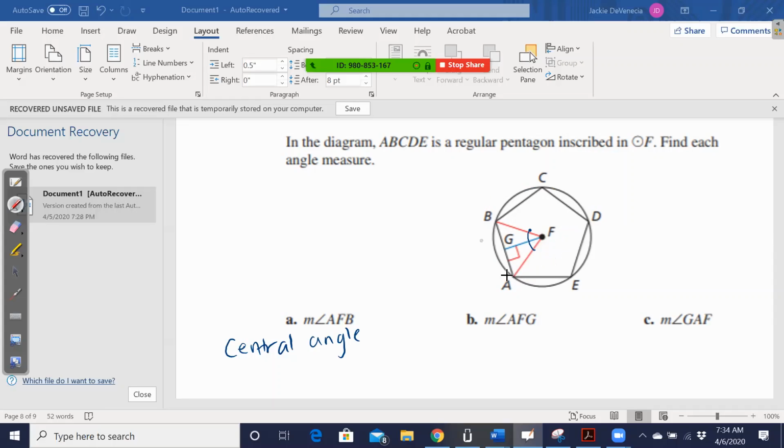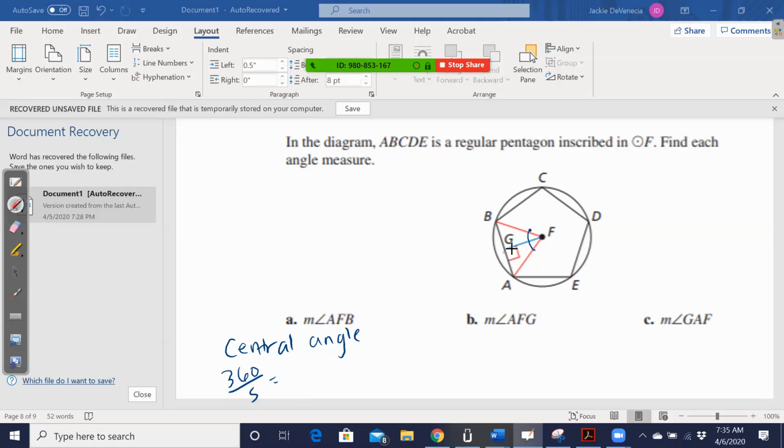So to find this angle, we have to do the same thing as before. We have to divide 360 by the number of sides.